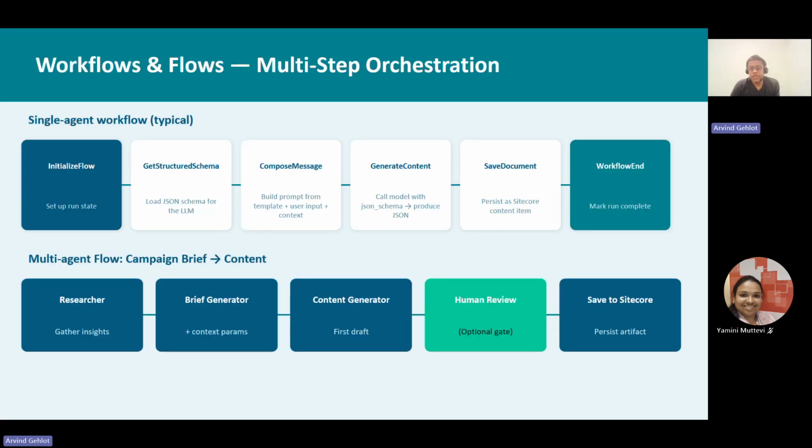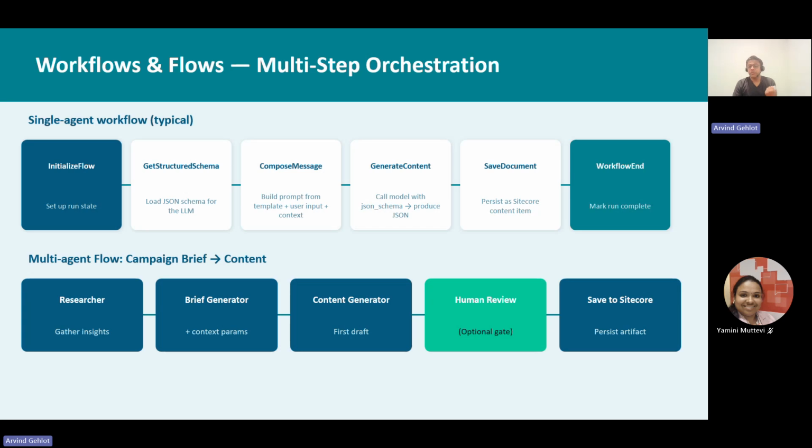Two important concepts here: a workflow, which is what a single agent runs step by step. So a workflow is basically a collection of multiple actions, and we'll cover that as well. But a flow is what you build when you need multiple agents working in sequence or parallel.